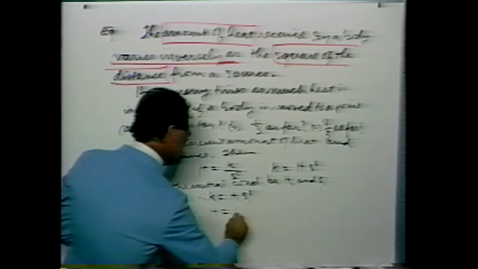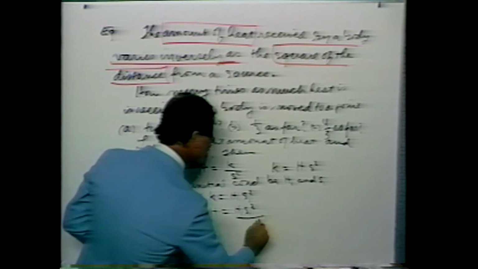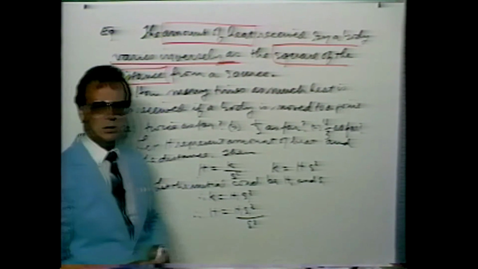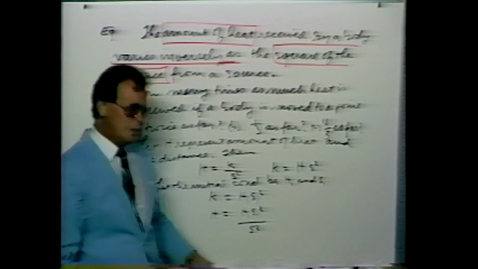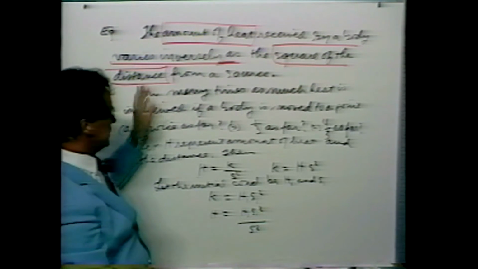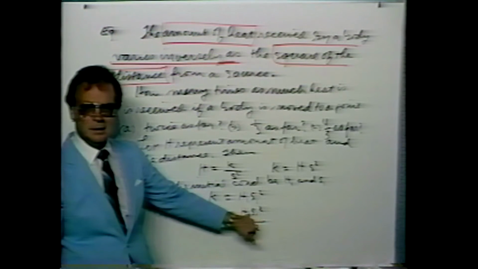H is equal to H1 S1 squared, that's K, divided by S squared. That is the formula based on the initial conditions given or assumed. So this now represents the formula between heat and distance with the value of K in it.